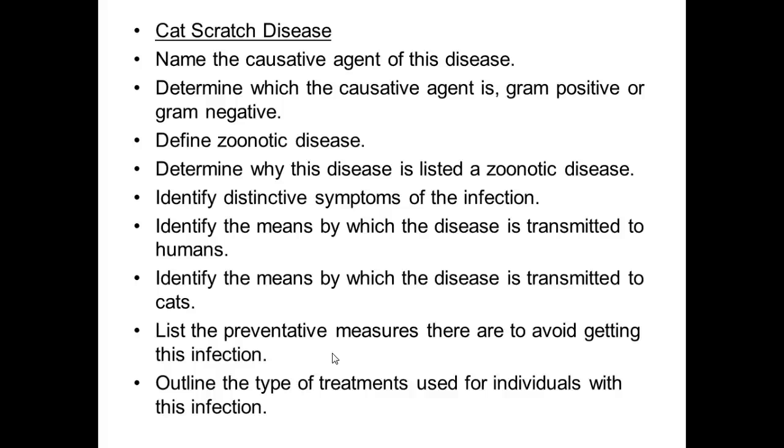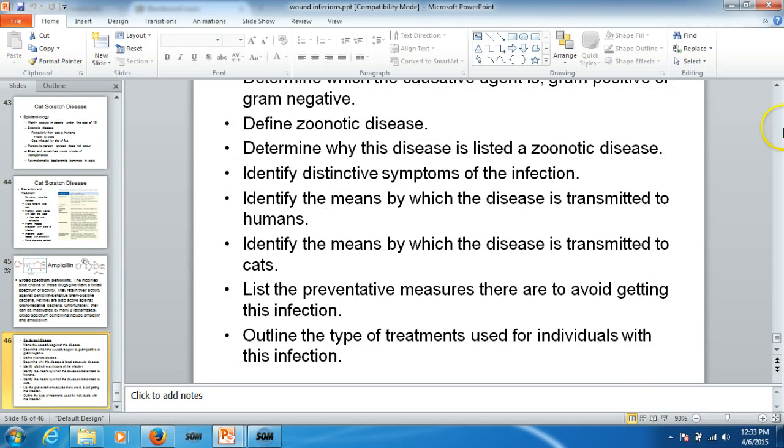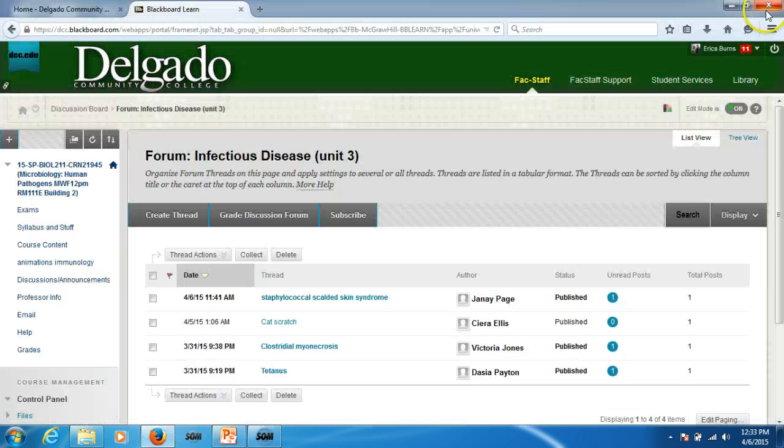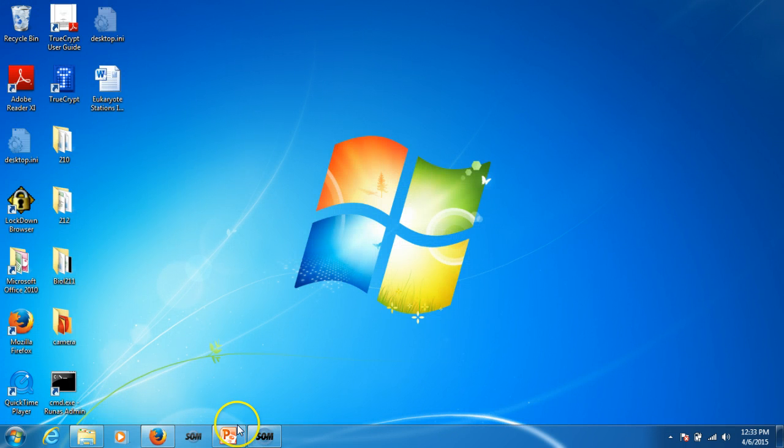Stay away from stray cats and cats that have fleas. Be very cautious. What do we do for treatment? The antibiotics. In this case, ampicillin is effective. So that's it for wounds. We'll start on skin.